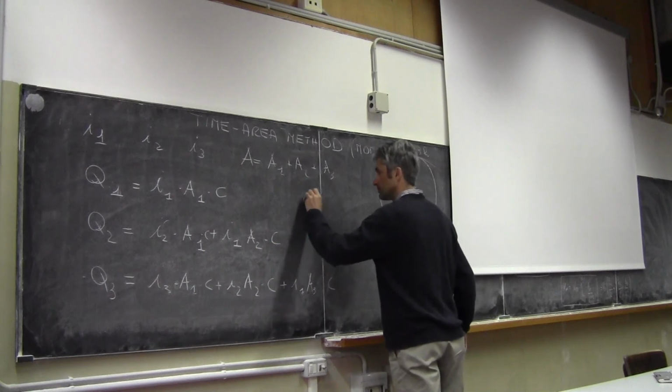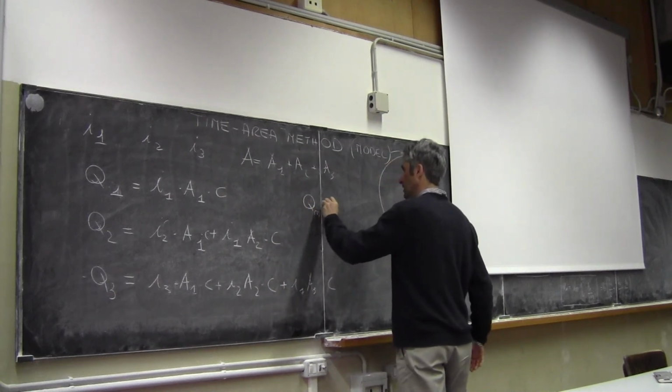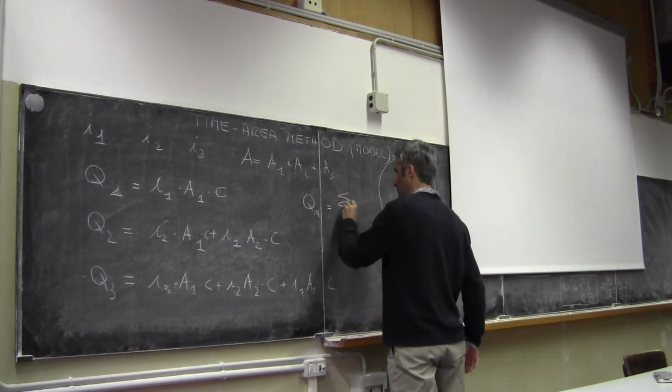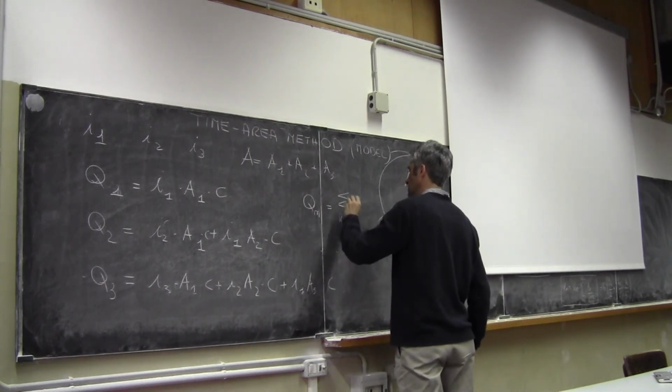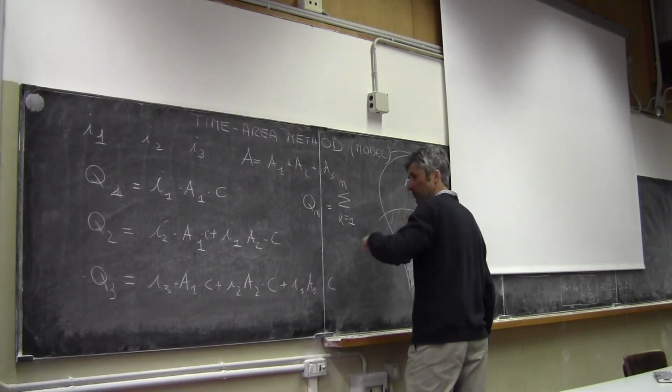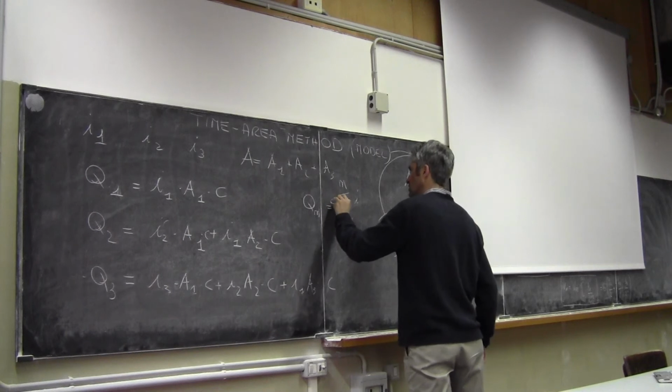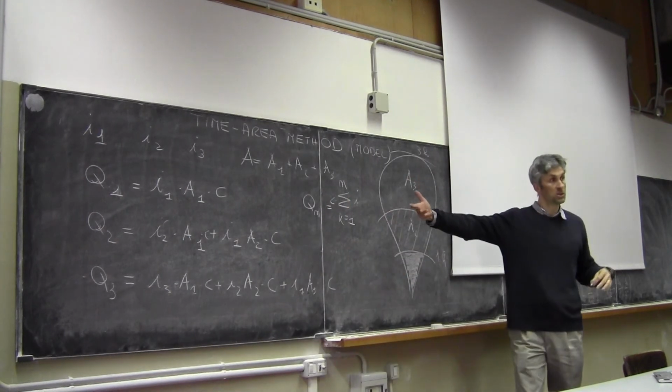We can write it in this way: Qn is equal to the summation from k equal 1 to n of I. Let me bring C outside the summation, it's constant.